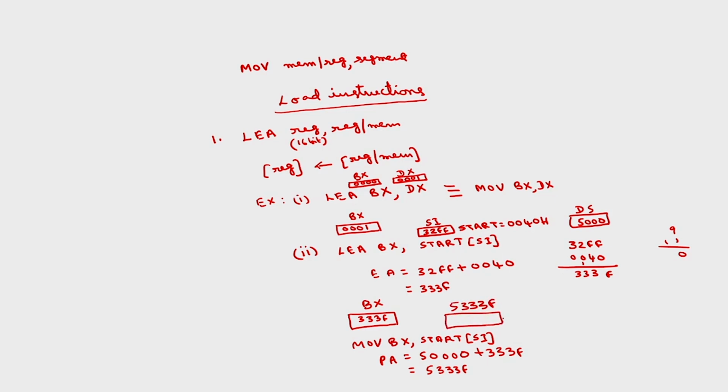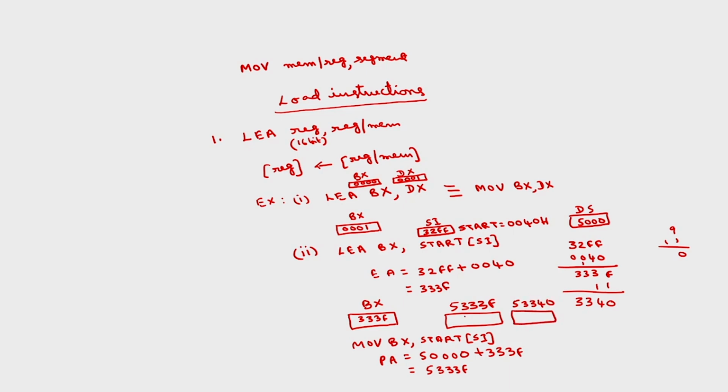From this location 5333F, you have some data, and what will be the next location? If I add 1 to this one, F plus 1 becomes 10, so this will be 53340.